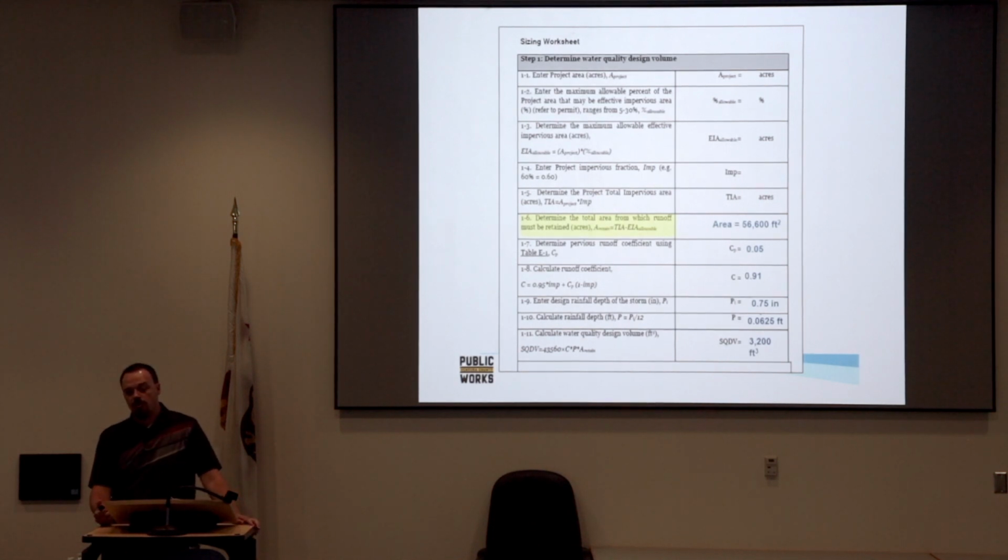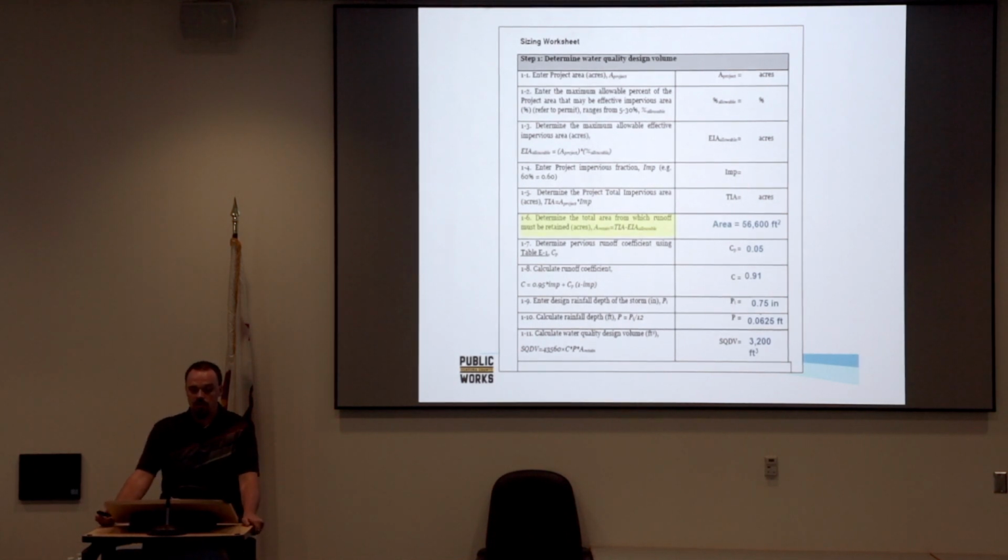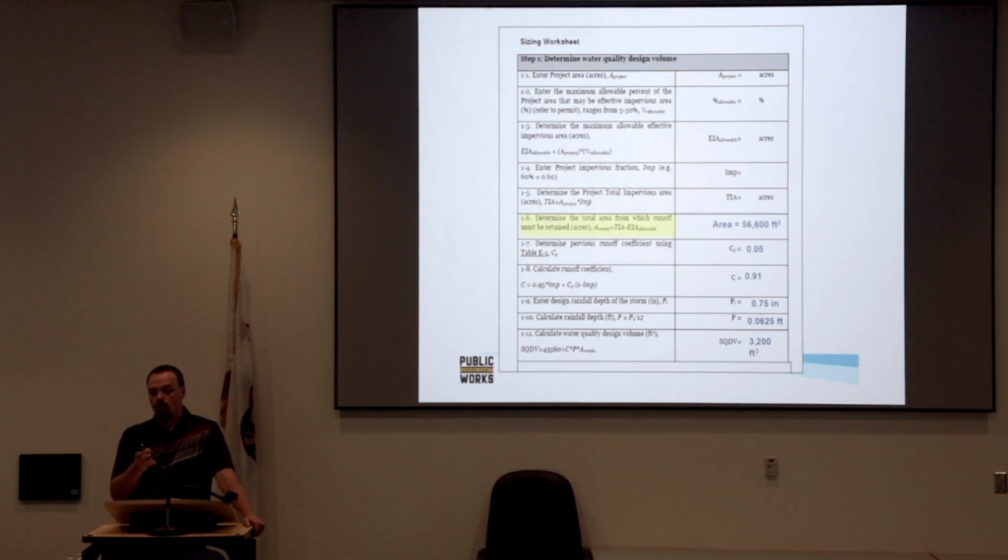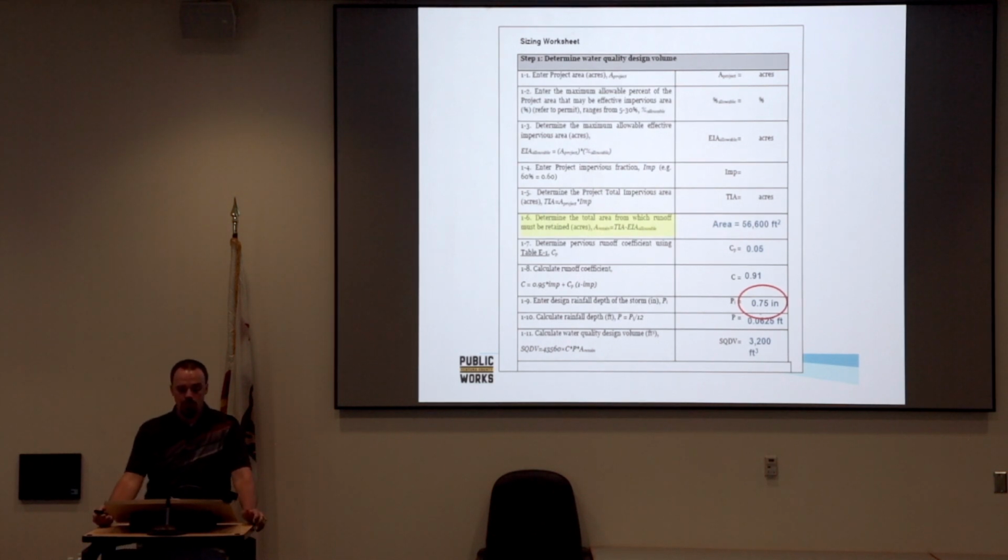Then we continue down the spreadsheet, calculating the design runoff for imperviousness. It has all the equations there, as well as all the reference tables you might need throughout your design using this worksheet. Then we have the design rainfall, which is 1.75 inches. We are using method 3 again, which is used throughout the entire TGM.